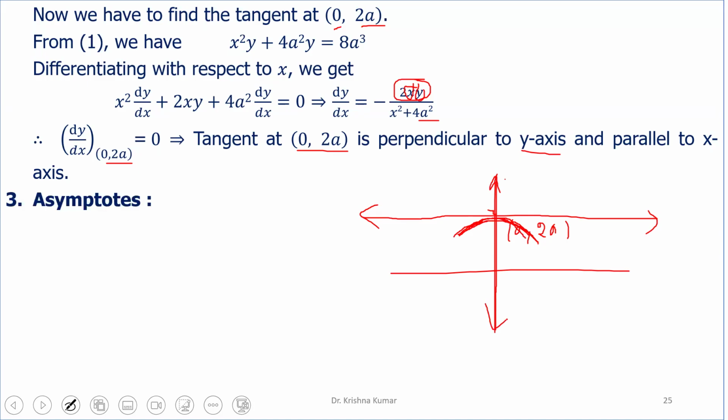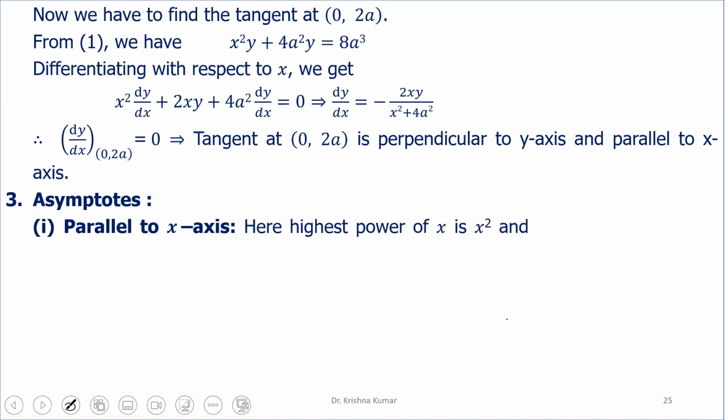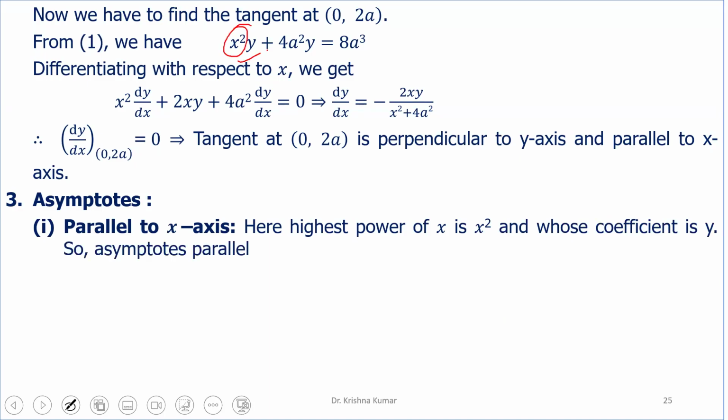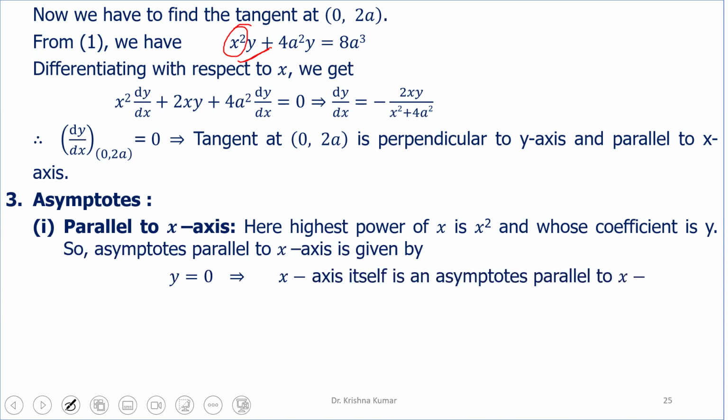Let us try to find the asymptotes. First, the asymptotes parallel to the x-axis. What is the highest power of x? It is x square, and its coefficient is y. So equating y equal to 0, we are getting the asymptote parallel to the x-axis, which is nothing but the x-axis itself.